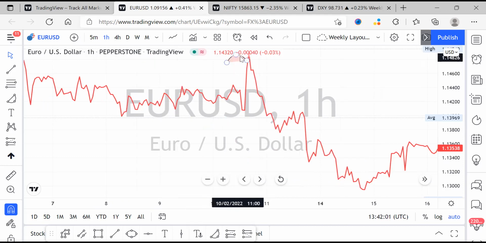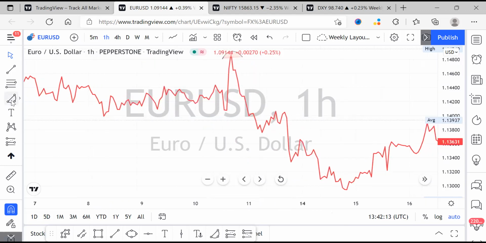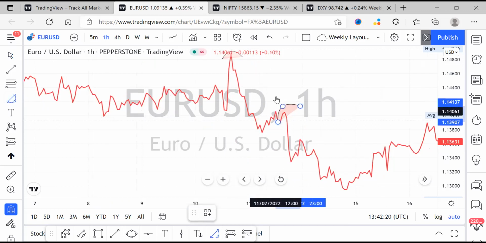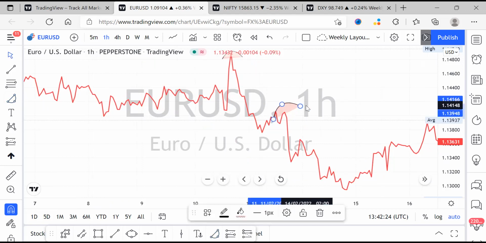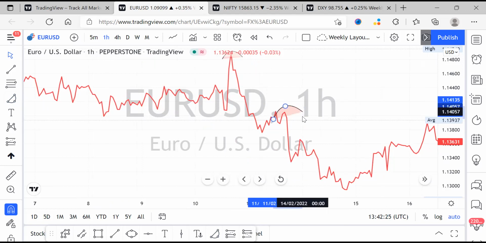When it goes in the opposite direction, you'll see that the price is starting to make lows, starting to go low, low, low, and then again, price goes a bit high, does not make any significant highs there, and then starts to go down.